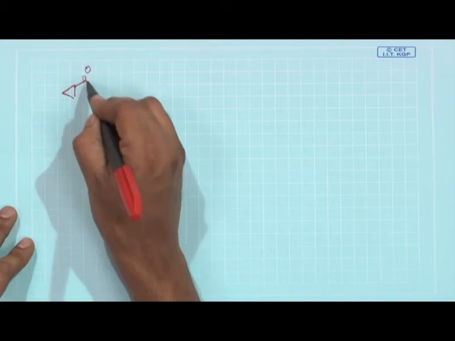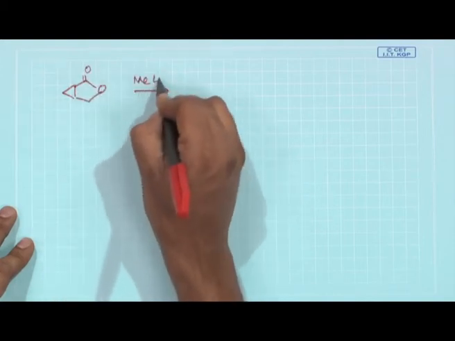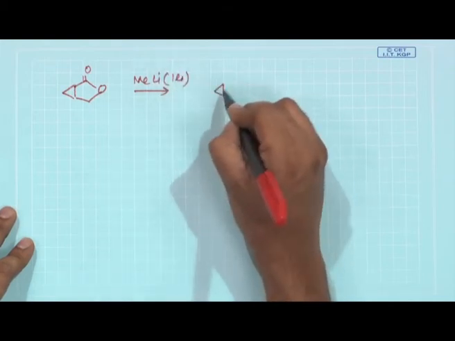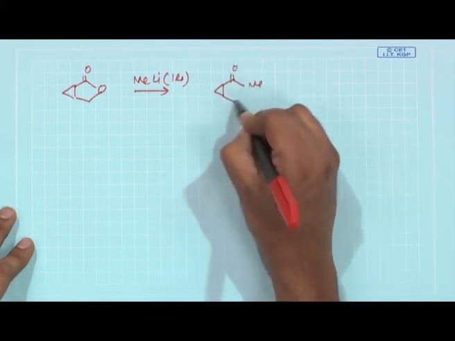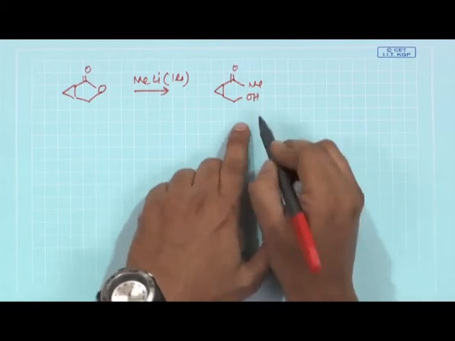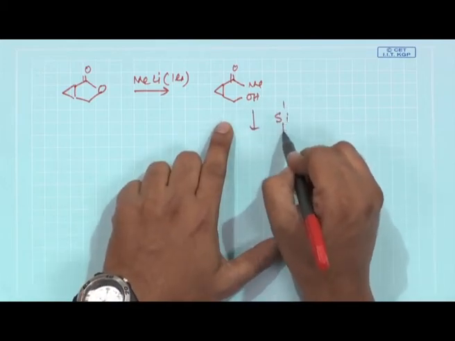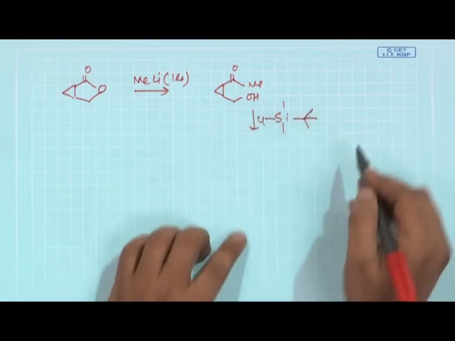We basically have a lactone here, we react with one equivalent of methyl lithium, and initially you will get this methyl and CH2OH. Now, this CH2OH needs to be protected, that is why you put a TBS group, tertiary butyl dimethyl silyl chloride.